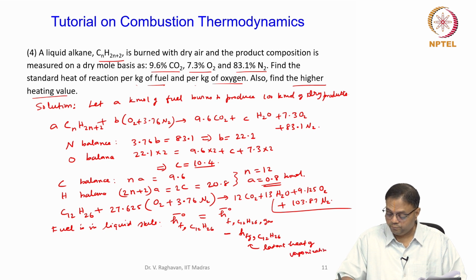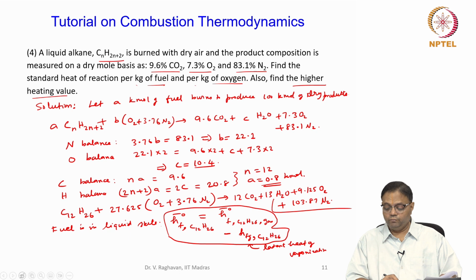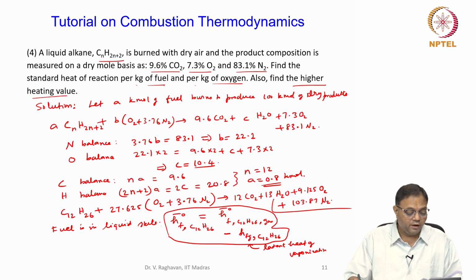So this is the equation. You can take the gas value from the table, and hfg also is available in the table, and you can substitute this and find the value.